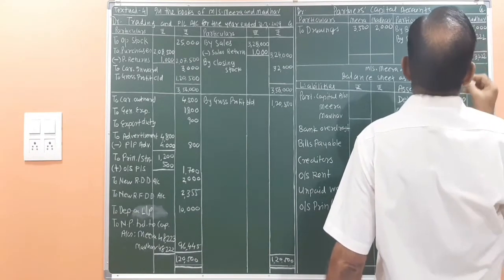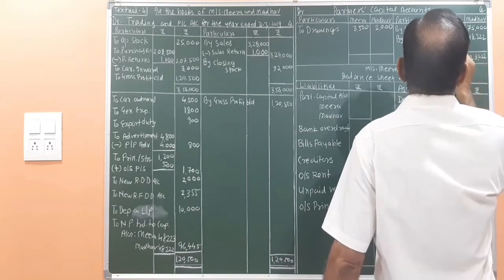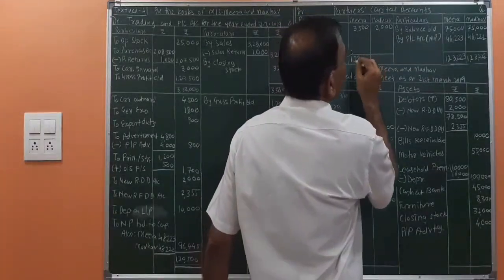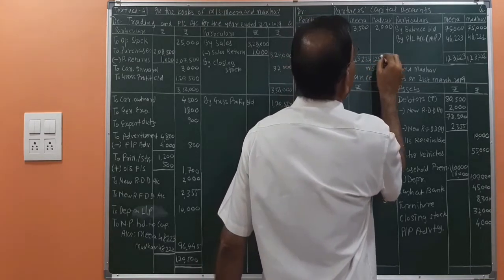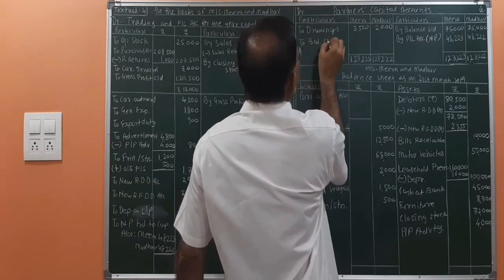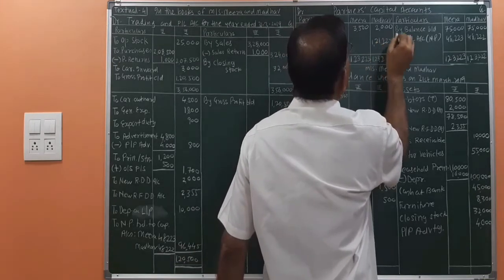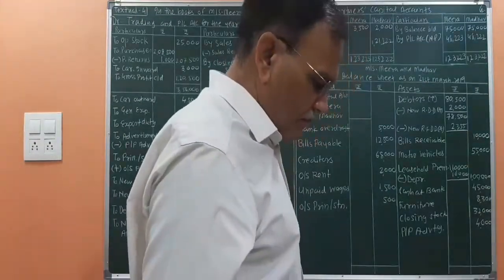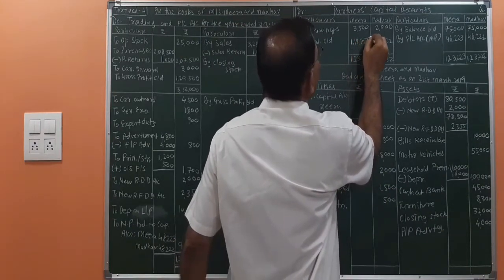So 123,223 and 123,222. So balance carried down 121,222, and here it will be 119,723.